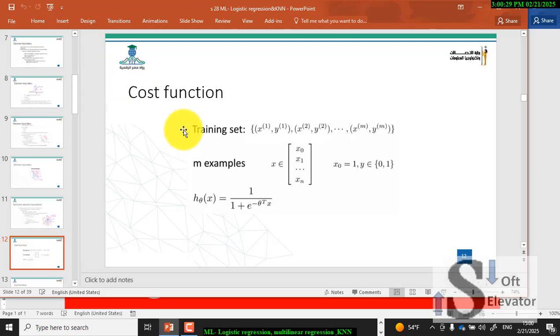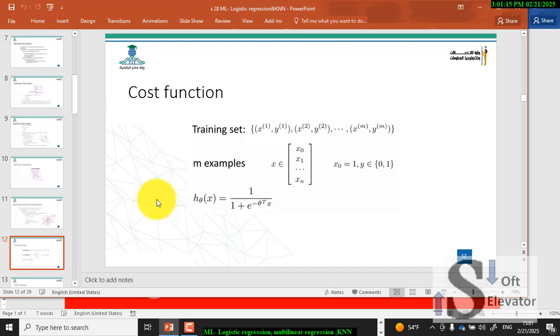Here is the training set and the cost function. x belongs to x0, x1, up to xn, where n is the number of features, a matrix. The hypothesis h theta of x equals 1 over 1 plus e to the power of minus theta transpose times x, where x is the matrix of features and theta is the coefficients, from theta 0 to theta n.